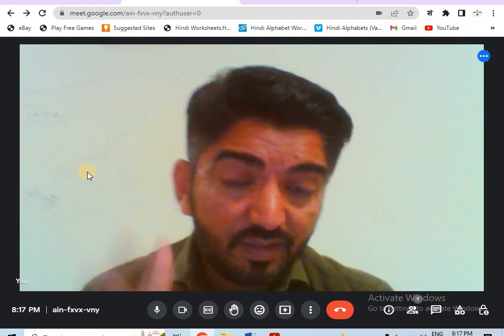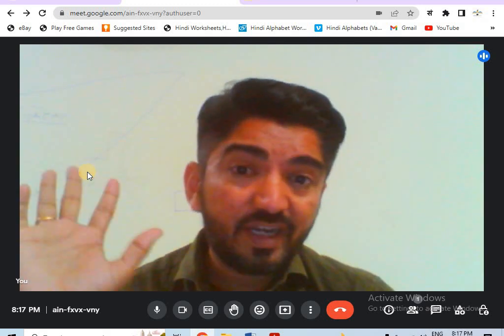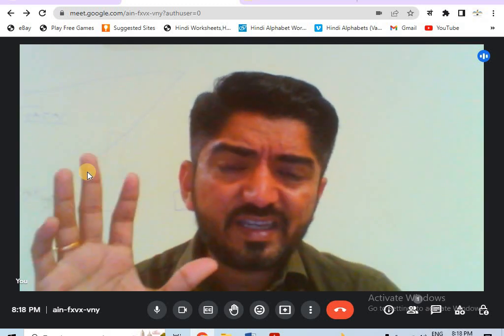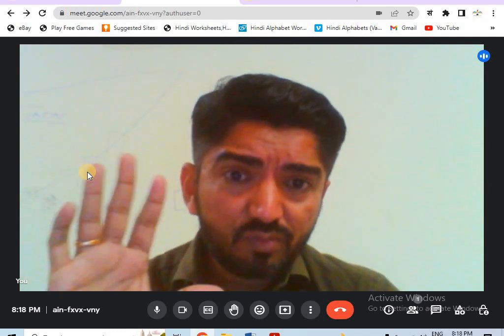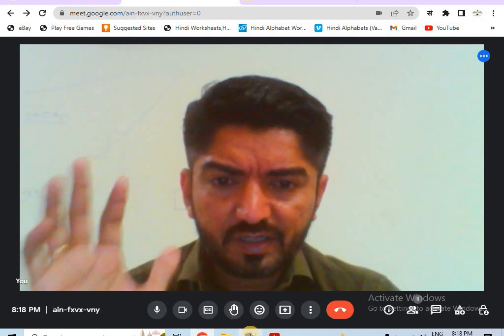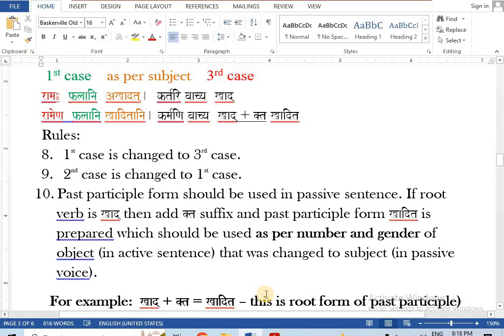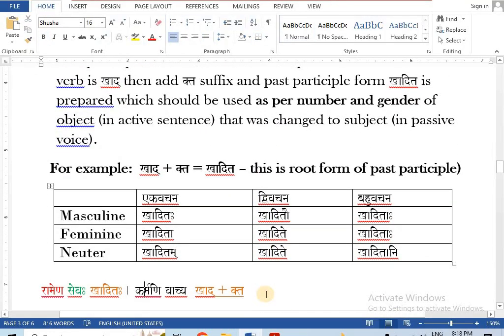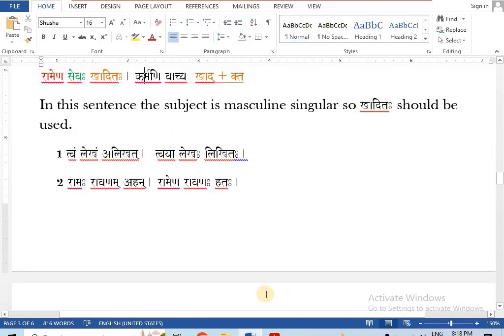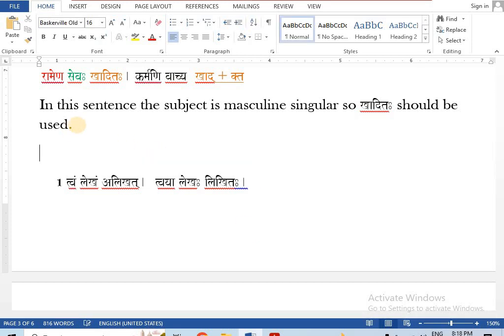But ita you are adding. But there are some root verbs where it is not as easy as ita. There are some root verbs where different forms are created. For example, there is a root verb da.